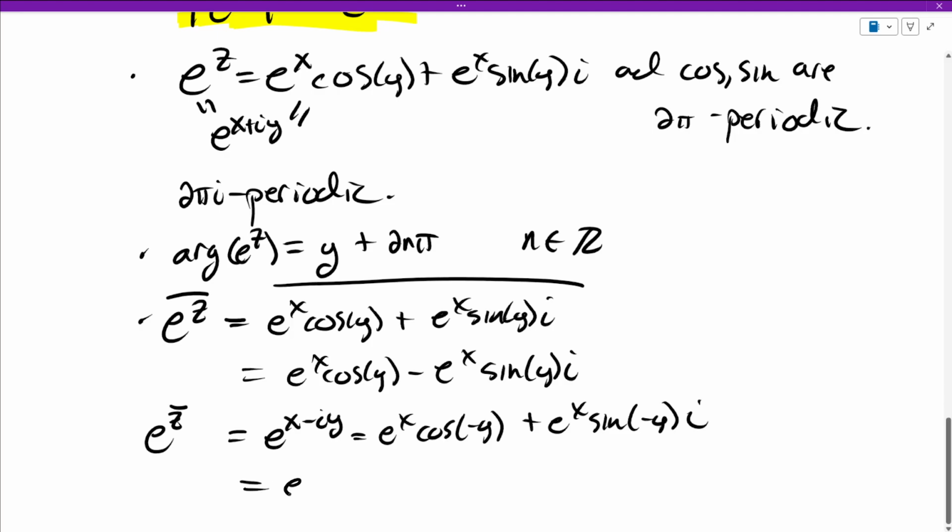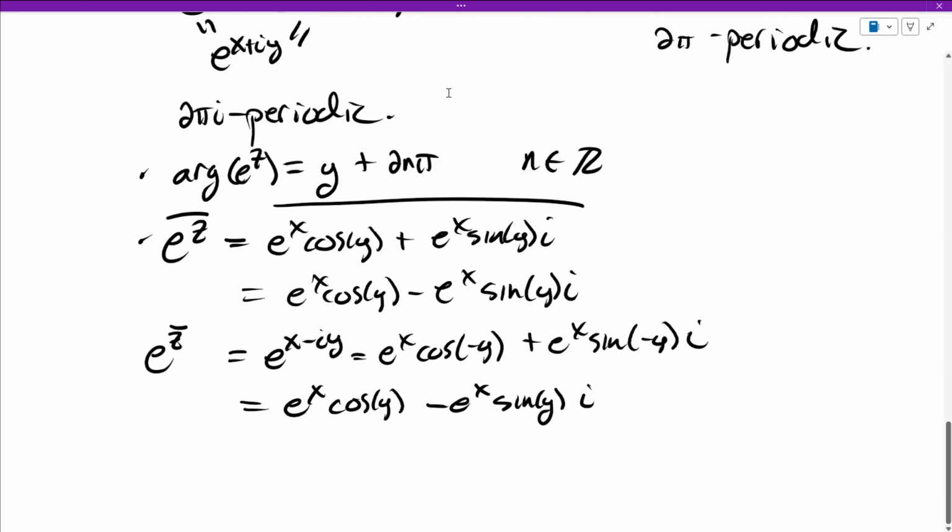And cosine is even, so it doesn't see negative signs, and sine is odd, so negative signs come out front. Great. So we notice that these are equal, so conjugating the exponential function is the same as just conjugating the input. And that'll be an important thing to remember as well.